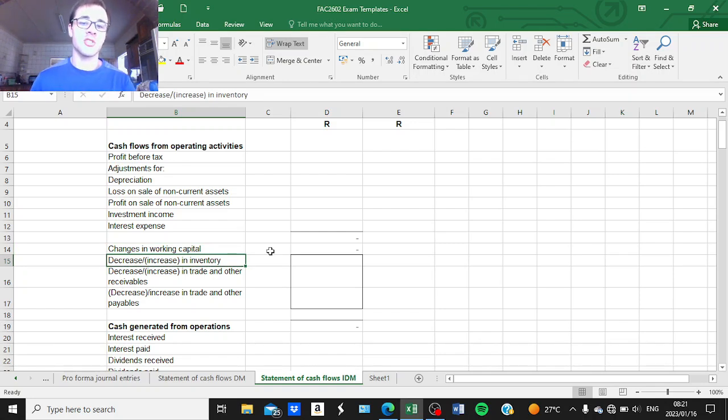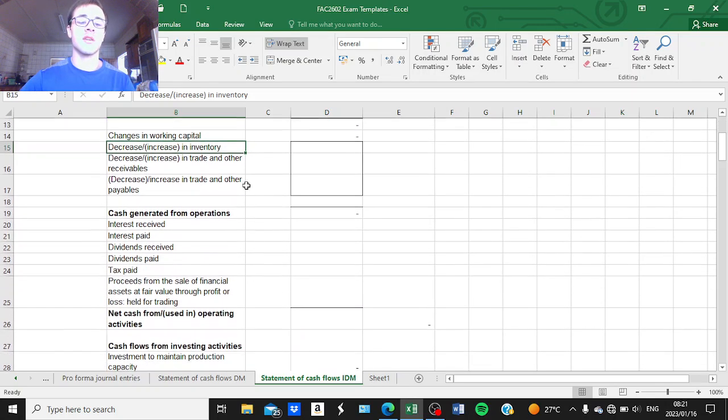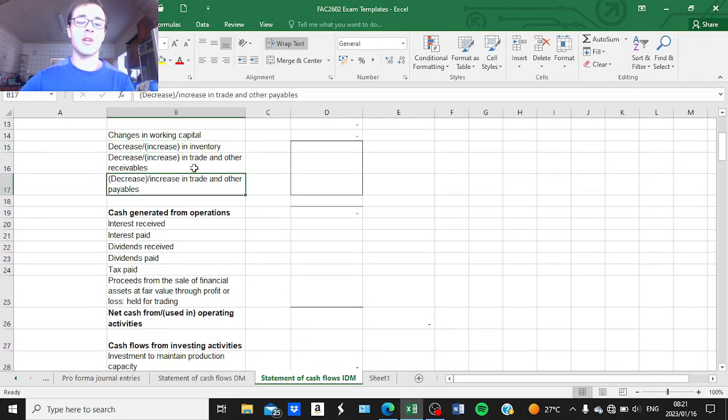And when calculating the changes in these items, we need to consider non-cash items that affect those accounts, as well as other accounts that are included in, for example, trade and other payables. So let's say it includes tax payable as well as dividends payable.